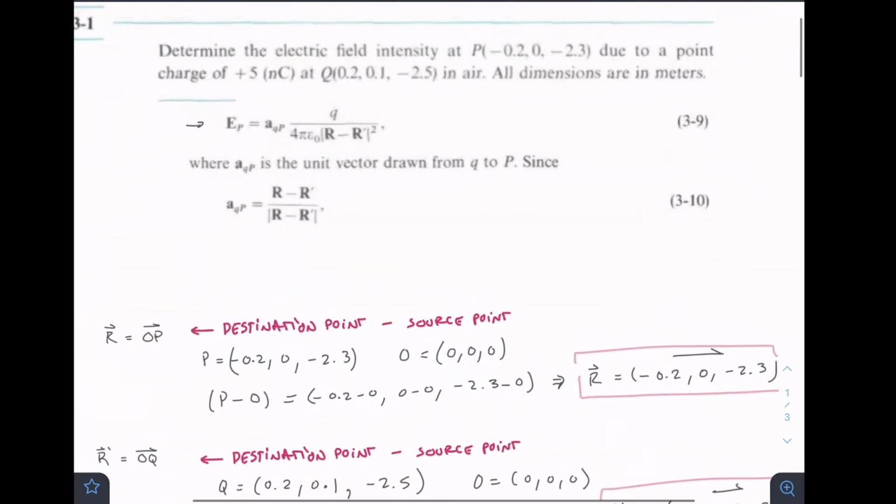So when we plug in the unit vector, it turns our equation into q over 4 pi epsilon naught multiplied by r minus r prime over the magnitude of r minus r prime cubed. It should look like some of the other equations, but that's just how we're finding that unit vector, a_Q, the unit vector in the direction of the charge.